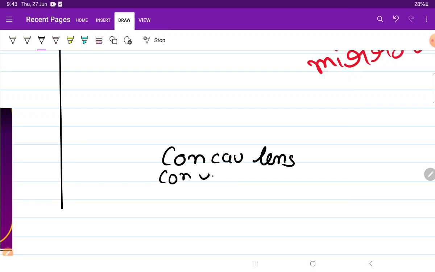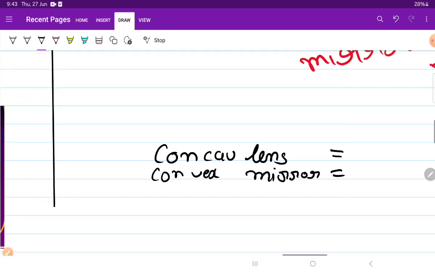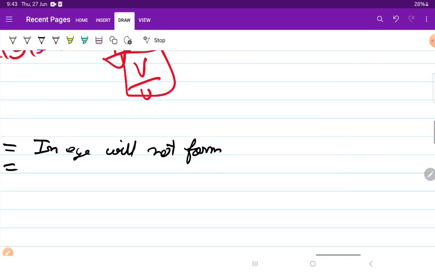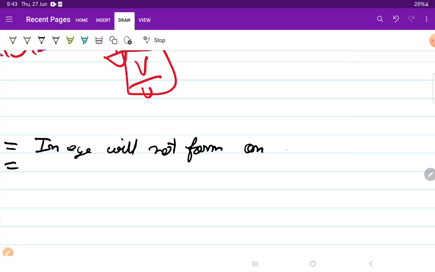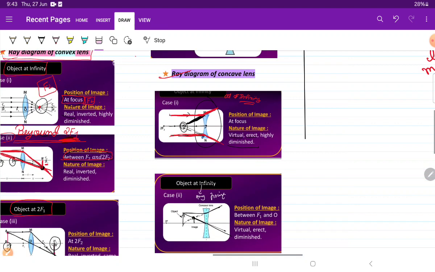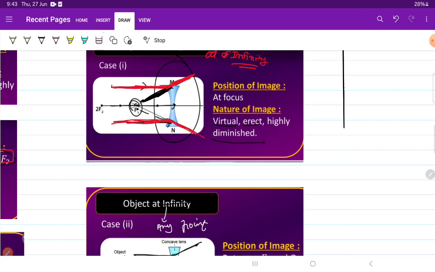So if we make an imaginary line, see students, in the concave lens and convex mirror, in both of them the image will not form on the same side as in the five cases. They will be formed in the different medium only, so there is one exception to that.